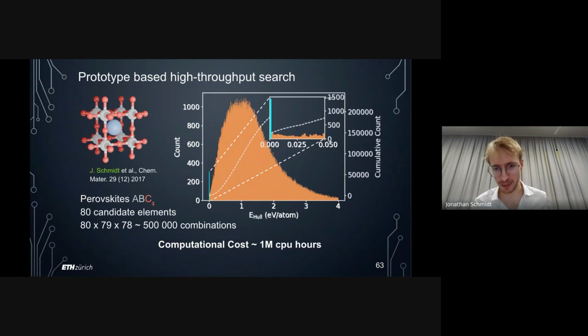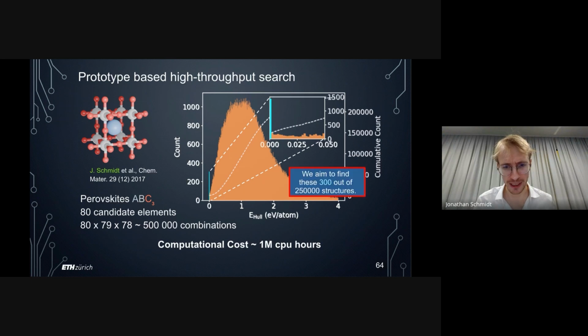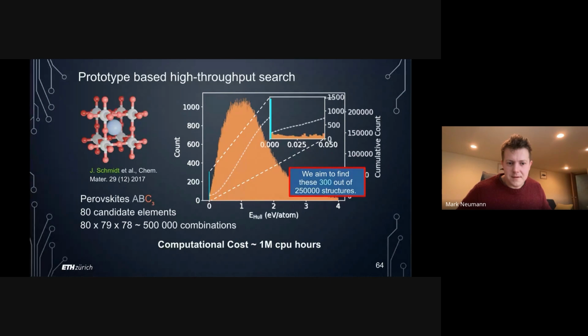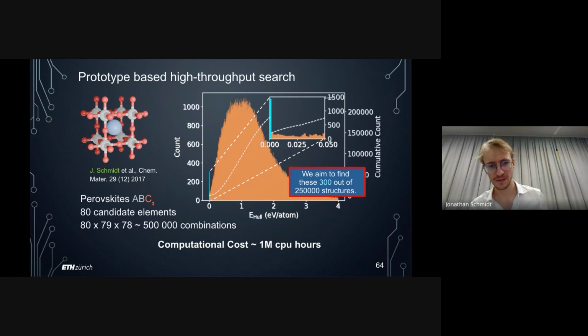I think I have to reload this because I cannot see the slides anymore. Okay, now I can see the slides again. I need the rights to continue presenting. Okay, perfect. Thank you.